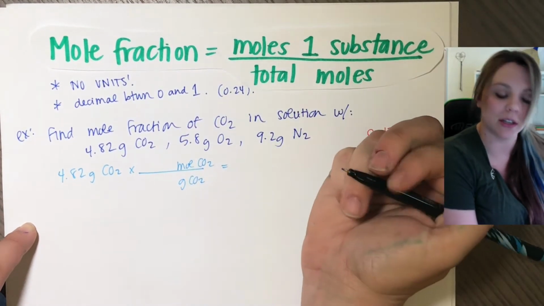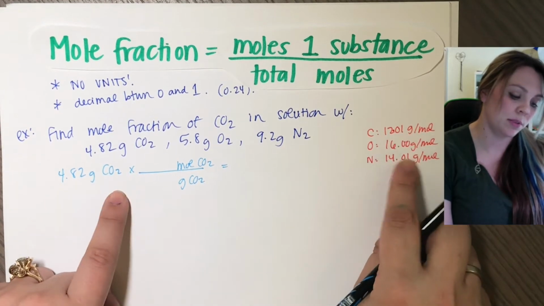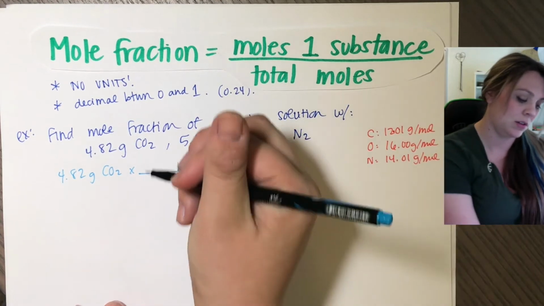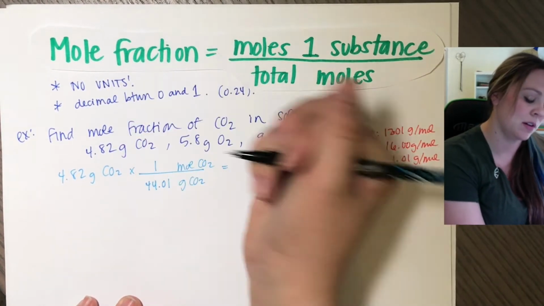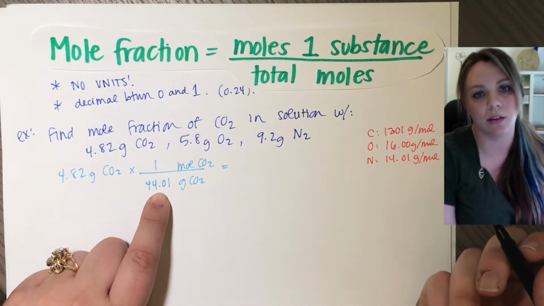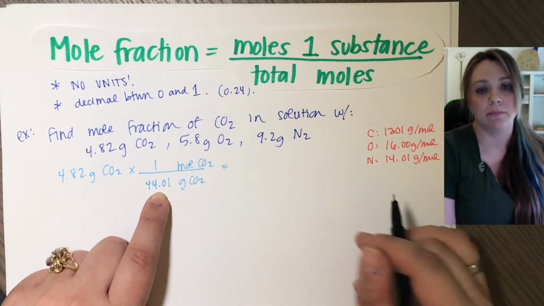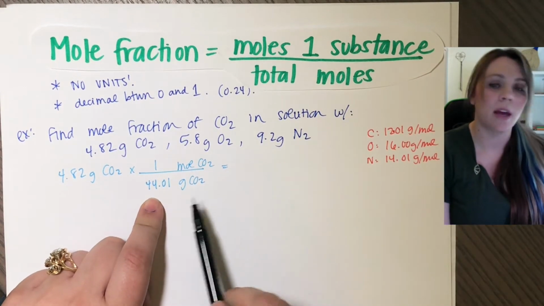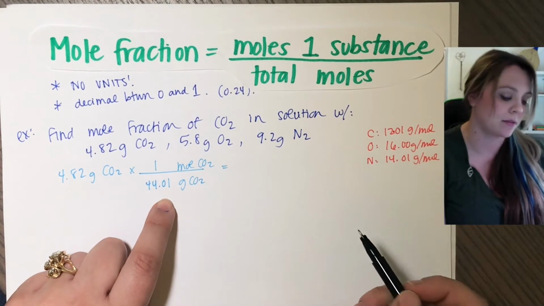So if I have 1 carbon, 12.01, plus 2 oxygens, 16 and 16 is 32, I should get 44.01 grams for every 1 mole of carbon dioxide. If you're not 100% sure on how to calculate your molar masses, please, dear God, review, ask, go to office hours, do something. I'd be happy to help in any way I can with molar masses, but we should be good with that by now.